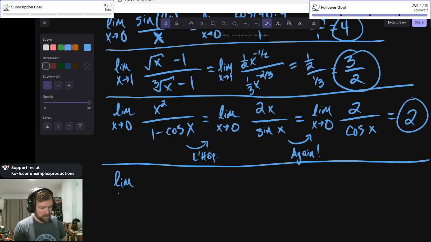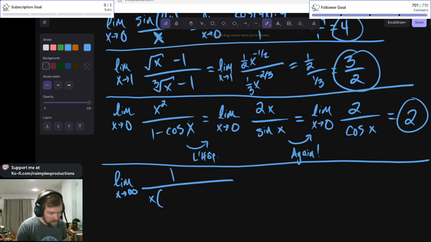What about the limit when x goes to infinity of 1 over x times pi over 2 minus arctan of x?